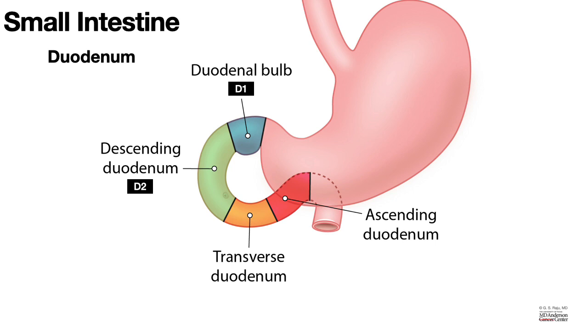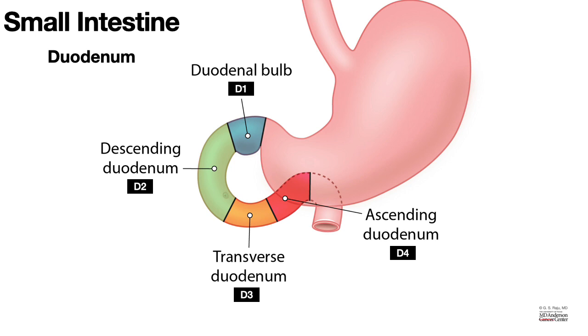And the third section that goes across transversely is known as the transverse duodenum, or D3. And then it goes up, that is the ascending duodenum, or D4. And then the duodenum enters into the jejunum at the duodenojejunal flexure. So that's the bend.